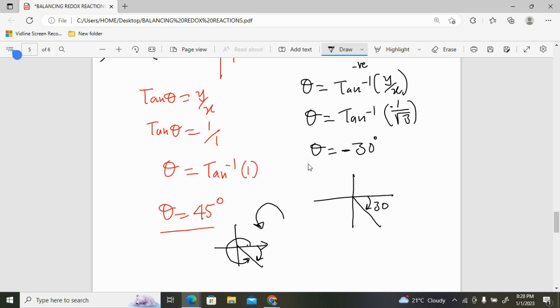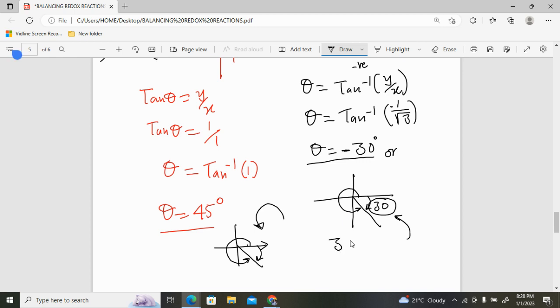So the final answer can be given as theta equal to negative 30, or you can say this is a 30 here, but you want the angle starting from the positive x-axis going in this direction up to where this angle is. Now this was supposed to give you 360, but you know that this is a 30. How can you find the missing one?